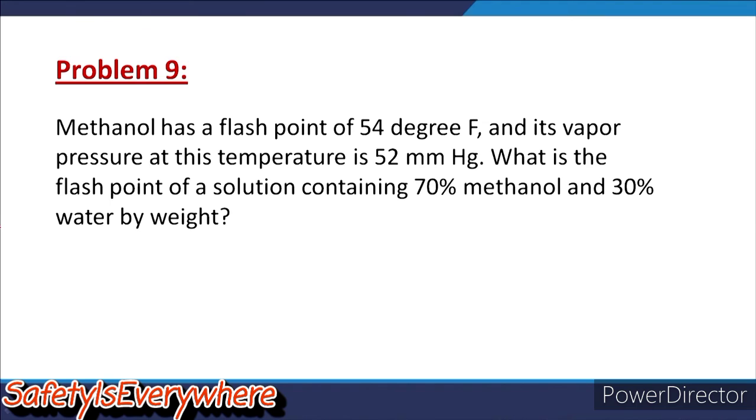In this problem number 9, methanol has a flash point of 54 degrees Fahrenheit and its vapor pressure at this temperature is 52 millimeters of mercury. You need to calculate the flash point of a solution which contains 70% methanol and 30% water by weight.